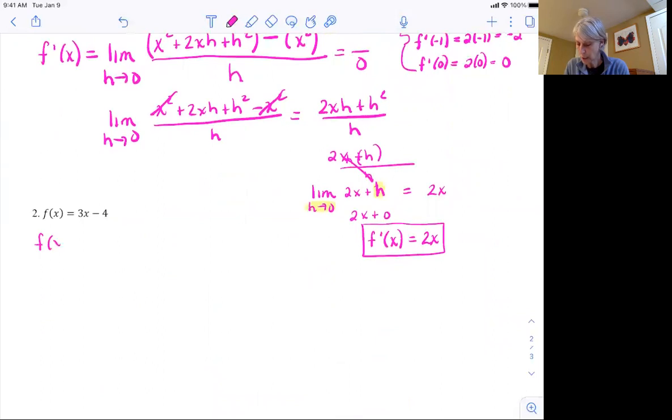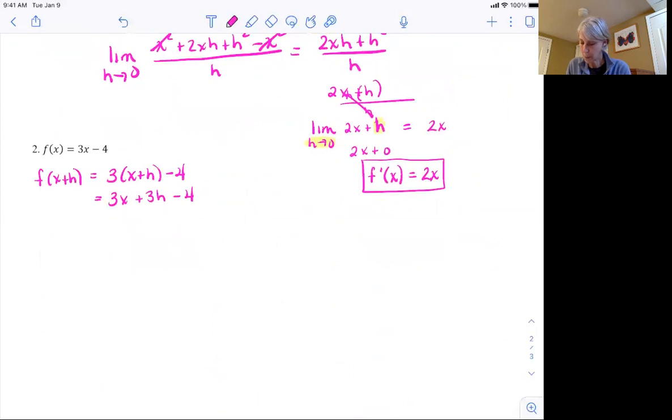So I usually kind of do that right away. Once I have that, then I set up my limit. Remember, the limit is f prime of x equals the limit as h approaches 0 of f of x plus h, right?